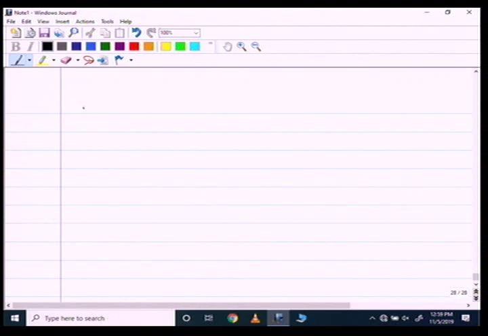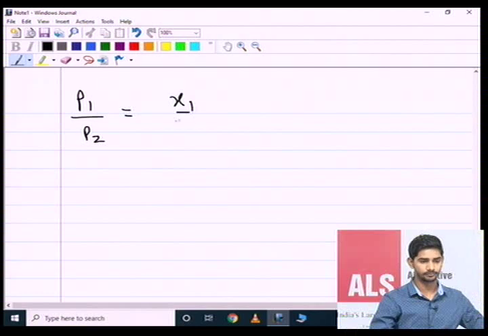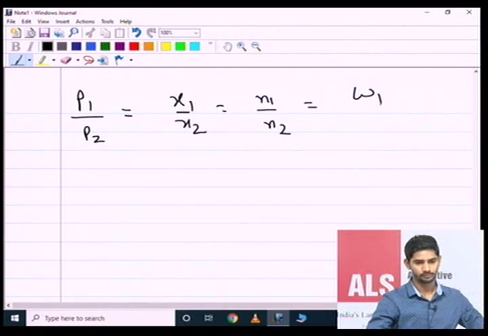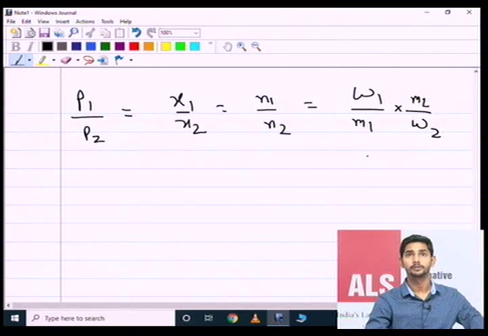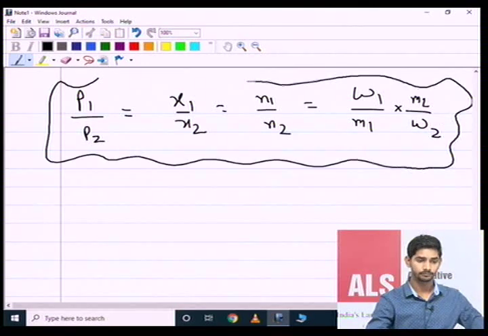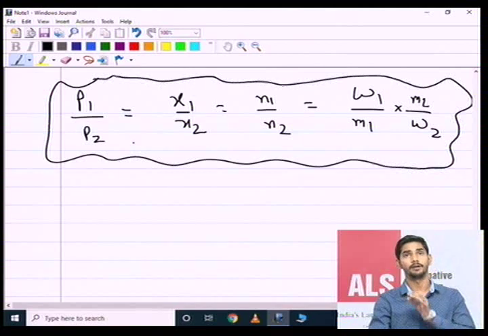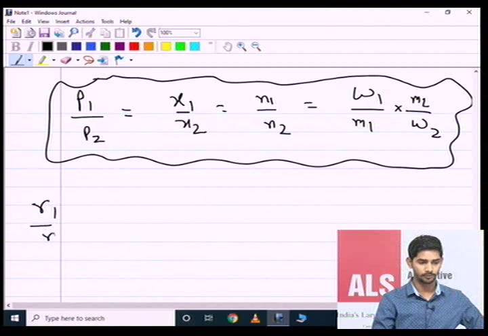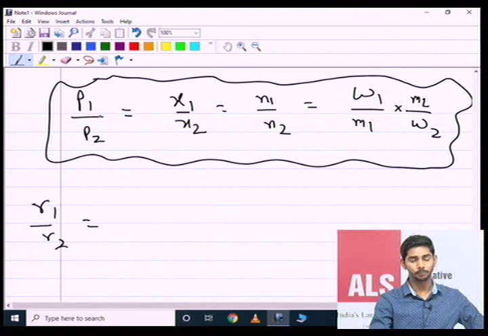Next thing, I think I have already discussed it with you, but I'm just writing it. W1 upon M1 into M2 upon W2. So remember, if I use this one, I'll have about 4 new formulas. Like this, R1 upon R2. See, P1 upon P2 is equal to what?